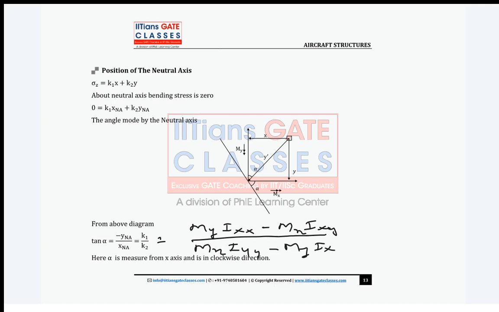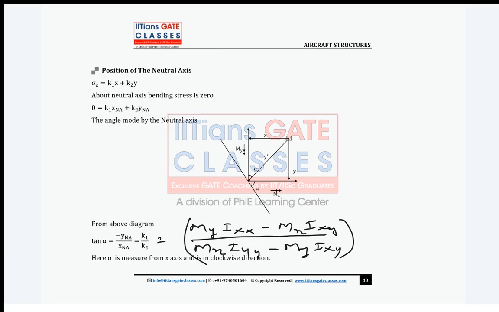So this is the formula for tan alpha. Everybody, is it clear? Tan alpha formula. So this is tan alpha formula.